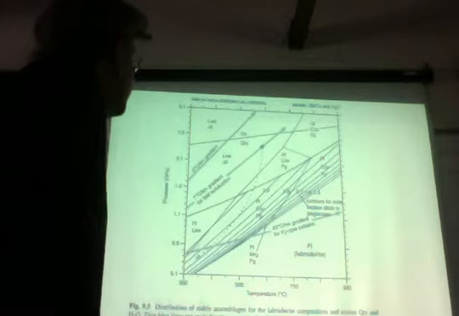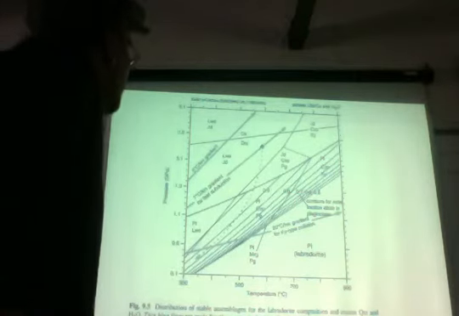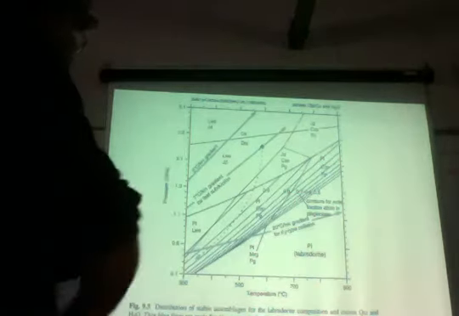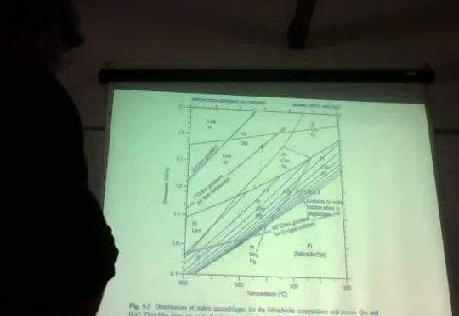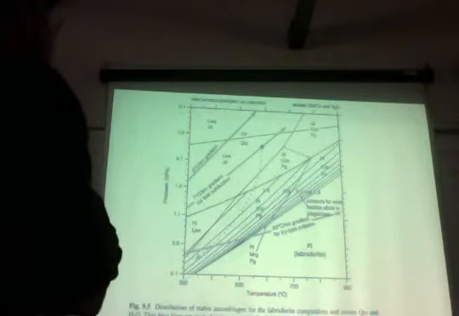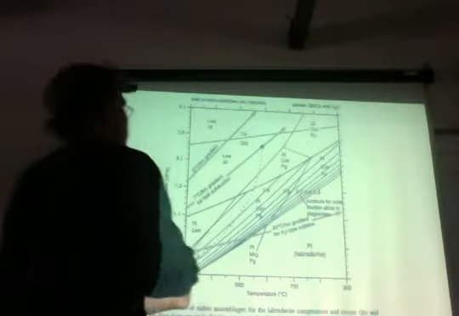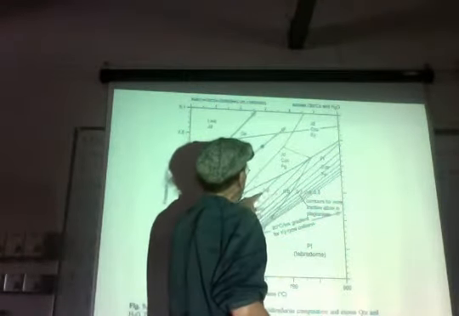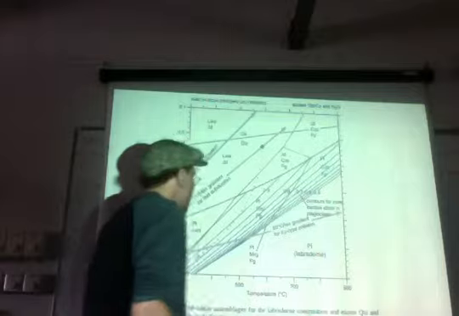So here we have then another PT diagram. And that is just a composition diagram. We have here the mole fraction, the blue lines here, the mole fraction of the plagioclase.